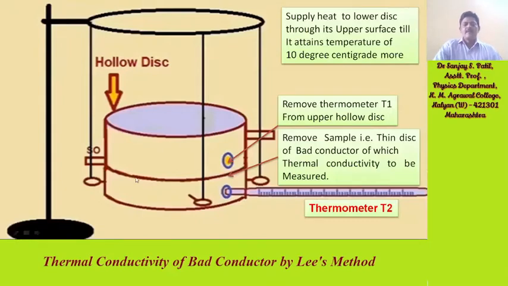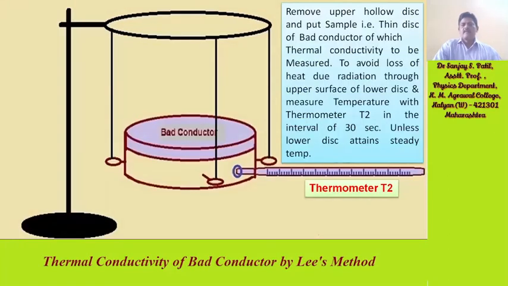Then remove the slice of bad conductor. Also remove the thermometer T1 from the upper hollow disc, put the slice of bad conductor on the upper surface of the lower disc and take the readings with the help of thermometer T2 in the interval of 30 seconds or 0.5 minute, unless the lower disc attains steady state temperature.